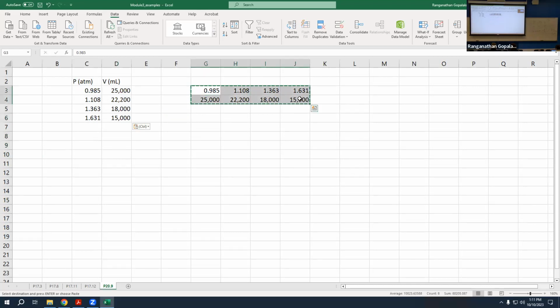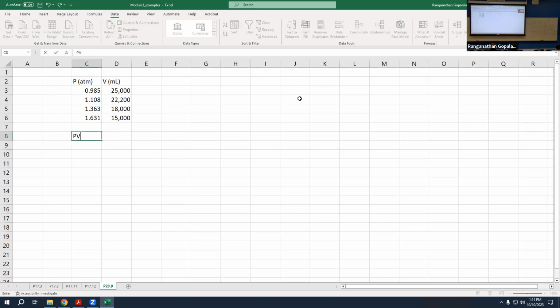All right. I have my pressure and volume, and I'm going to write PV over RT equal to 1 plus A1 divided by V plus A2 divided by V squared. I'm going to define X as 1 over V and Y as PV over RT.